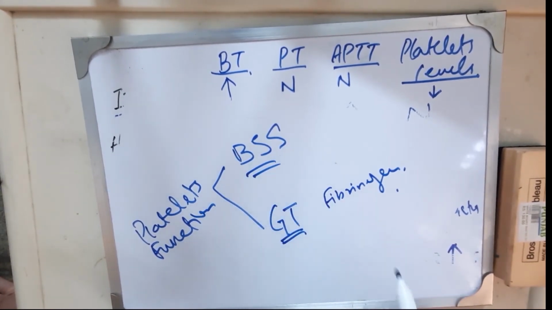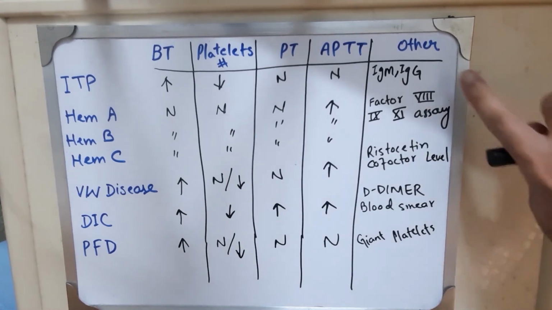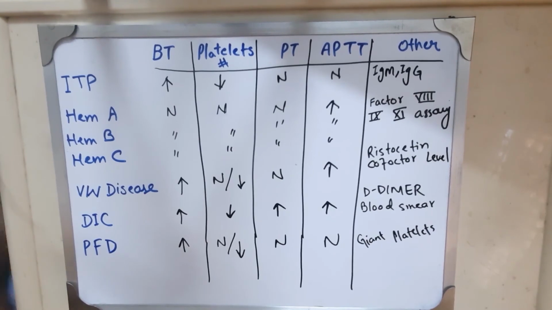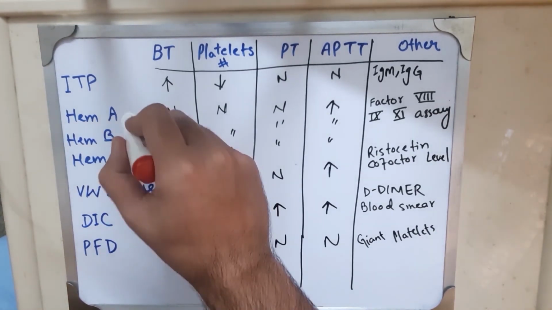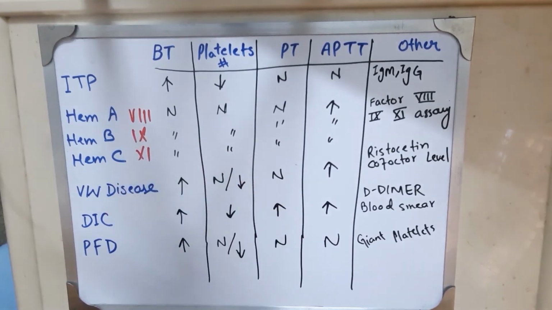So for ITP, platelet numbers are checked and there are antiplatelet IgM and IgG antibodies. For hemophilia A, B, and C, factor assays of factor 8, 9, and 11 are available.